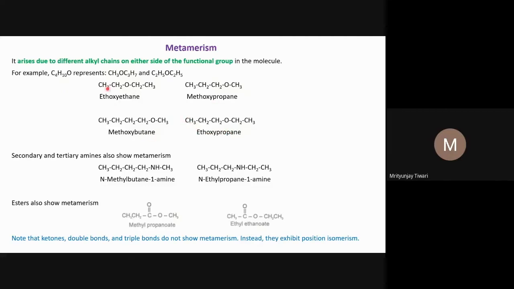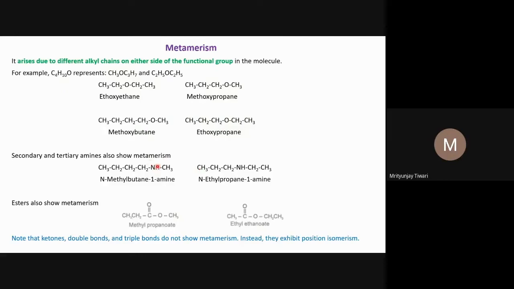Now, as we have seen the examples of ethers, another functional group can also show metamers: the secondary and tertiary amines also show metamerism. What are these examples? The amines, secondary amine and tertiary amine. The NH group in the secondary amine is attached to different alkyl groups.